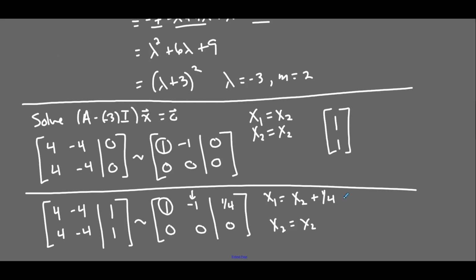The only thing you have to worry about when you're plugging in your free variable is that you can't plug in a value and get a 0 vector. You don't want this vector to be a 0 vector. But because of this 1/4 here, I could plug in 0 for x2 and get a non-zero vector. So if I do that, then the vector would be 1/4 and 0.